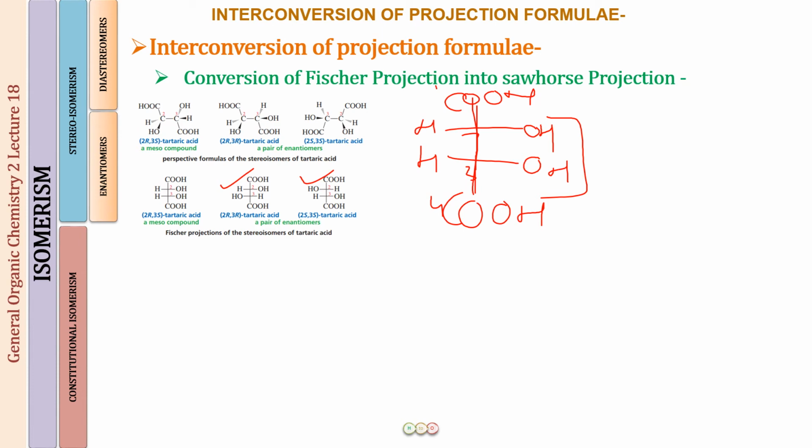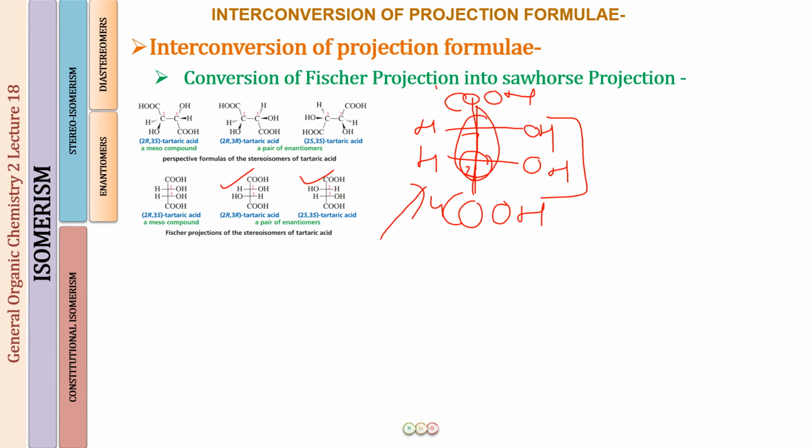But first of all, what are we going to do? Well, we are going to draw the Sawhorse projection, starting with this C2, C3 carbon that we will be looking at in a Sawhorse projection. So first thing that we do is stand slightly obliquely looking at the molecule from the front, and the carbon that you will be seeing in front is C3 and C2 is going to be obliquely behind C3.